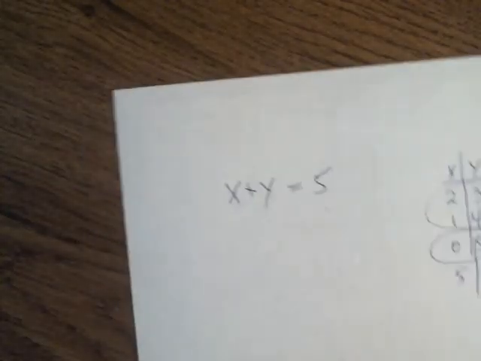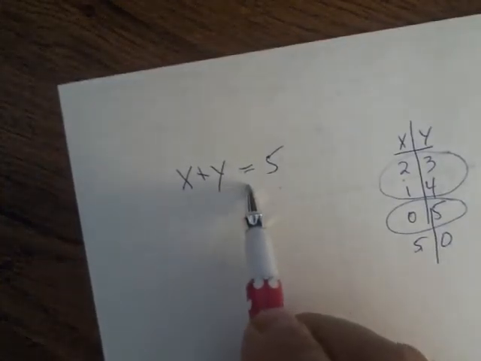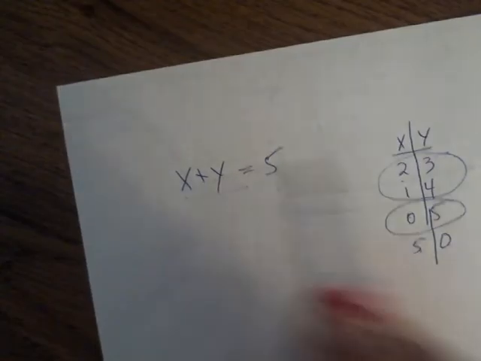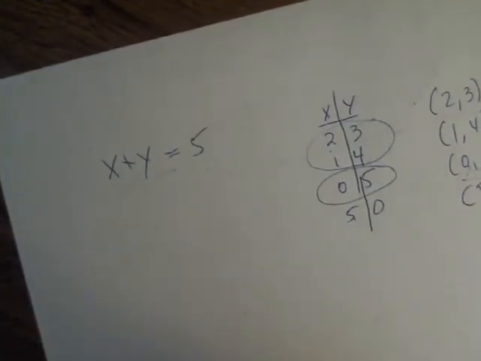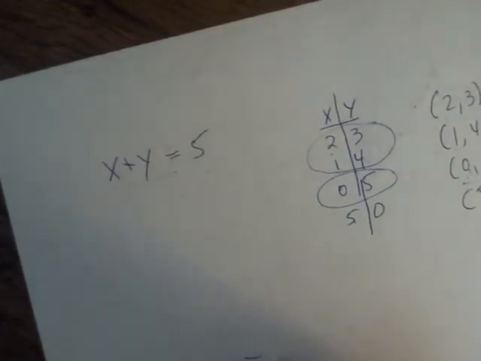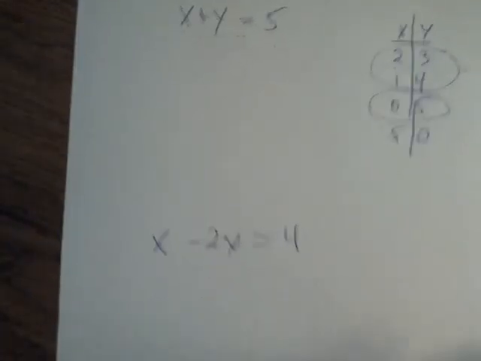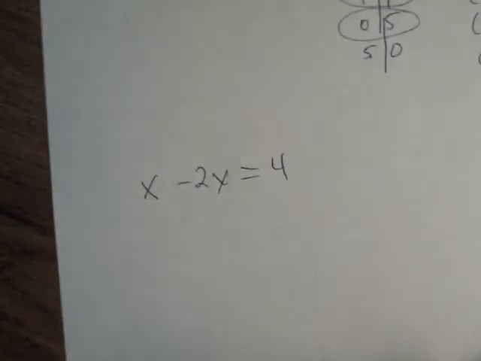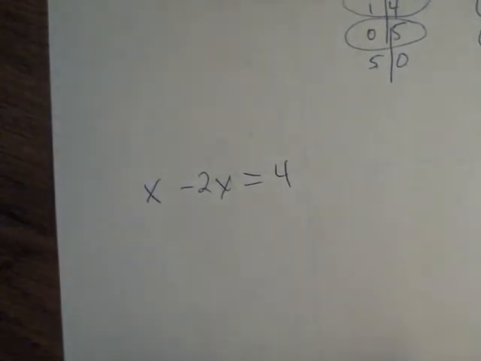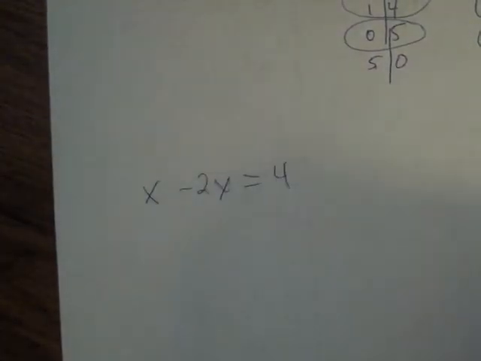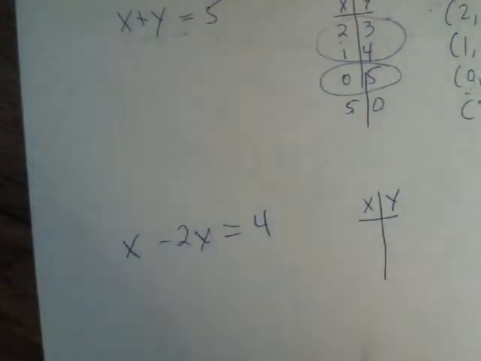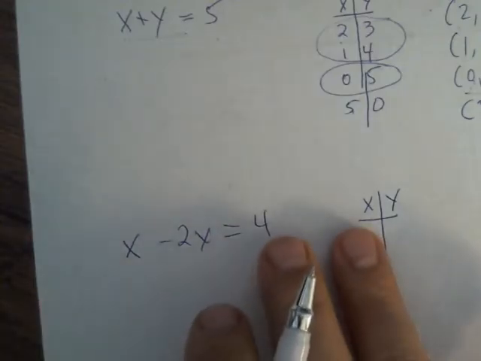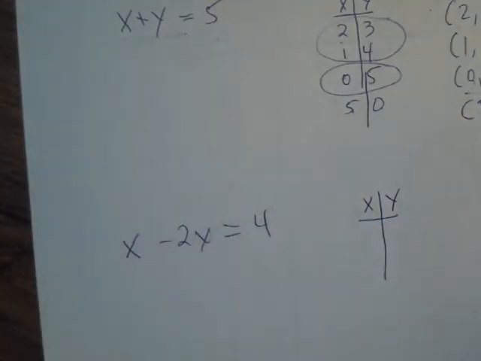The good thing about this one is the numbers are fairly easy to work with. What happens is all of a sudden we throw in these negatives, and we need to be able to graph this equation. There are several different ways to graph an equation. One is just to pick any numbers you want for x or y. You can pick them for x, you can pick them for y. It doesn't really matter.